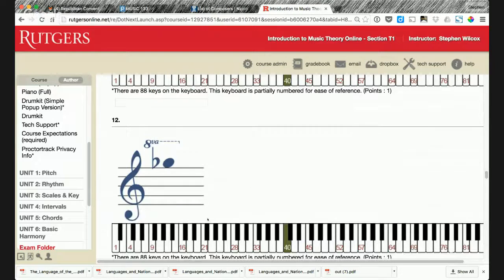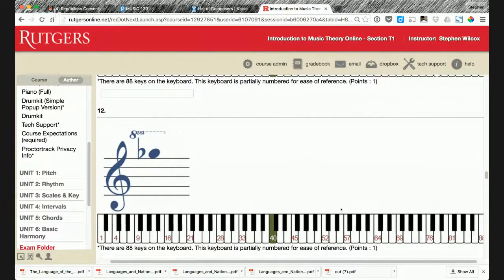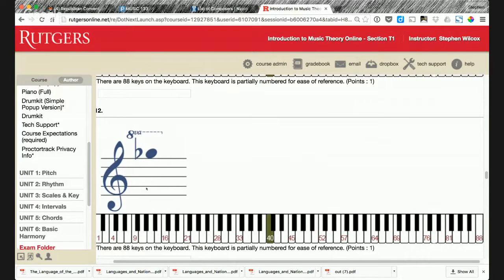And again, same thing with the ottava sign, which says an octave above. So here, if we start on the G line, it's the G above middle C. So right there it would be key 47, but G, so G, A, B, C, D, E, F, G flat, right?